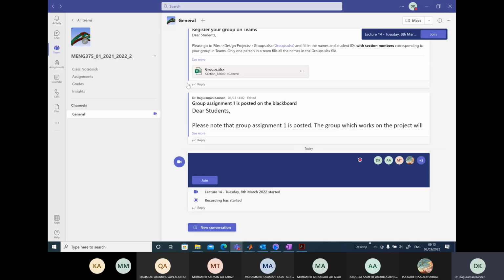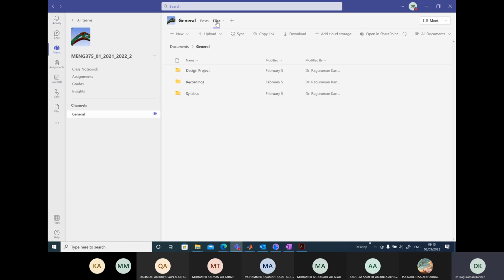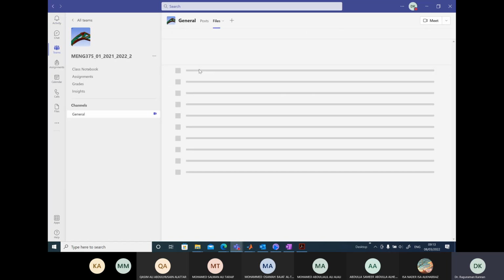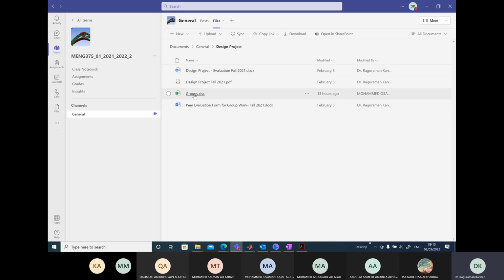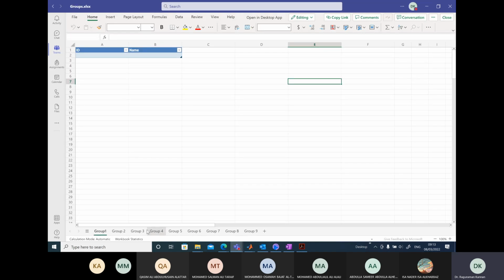There seems to be some issue with connectivity. Okay, so now it is opening. Click on groups. You will have the Excel file open.